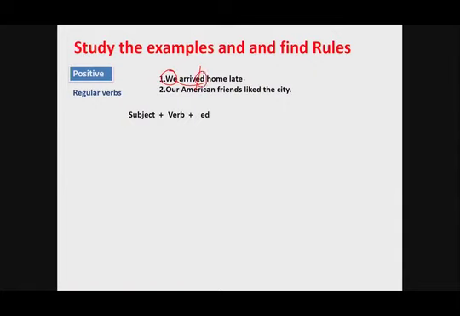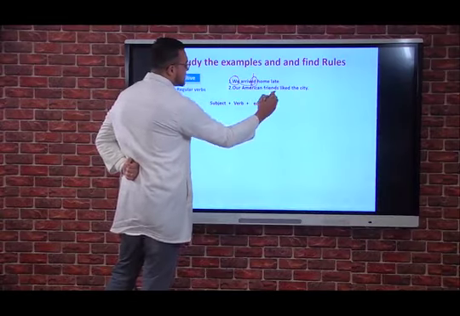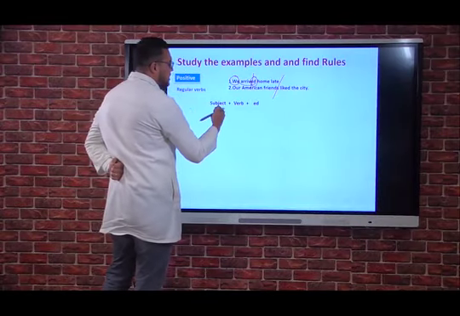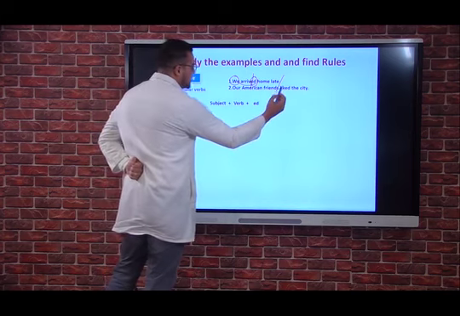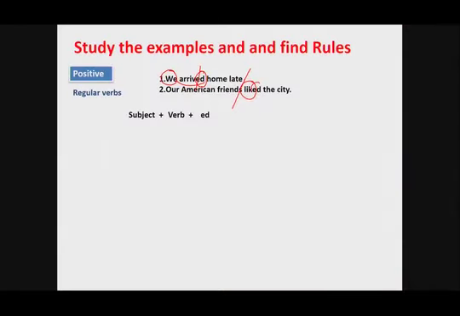The verb to arrive plus ed in order to make the simple past form. Next example, our American friends. This in here is the subject plus the verb like plus ed. Subject, verb plus ed to make the simple past of regular verbs.